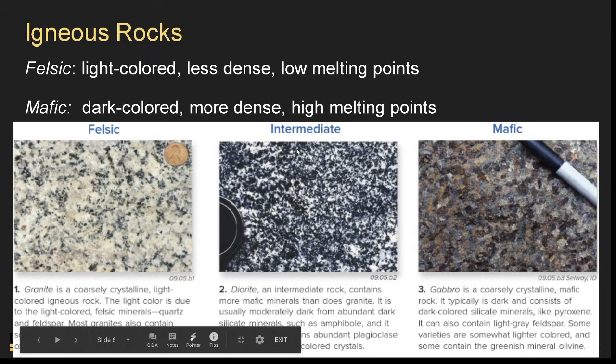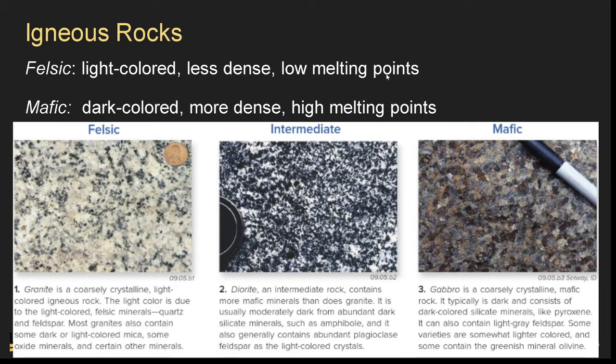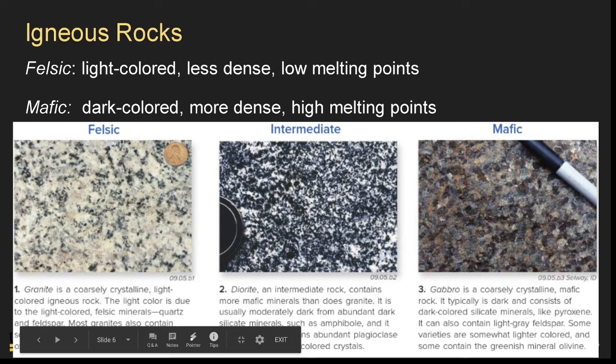And of course, like everything in nature, nothing is black and white. There's an intermediate category as well, where there could be some felsic minerals and mafic minerals, like this diorite in the center.